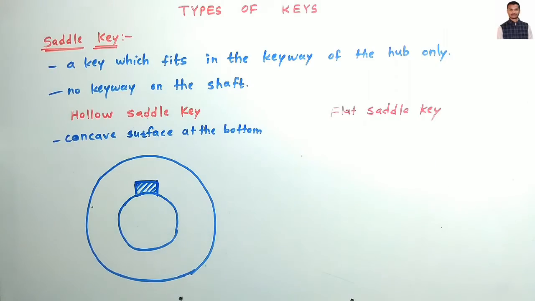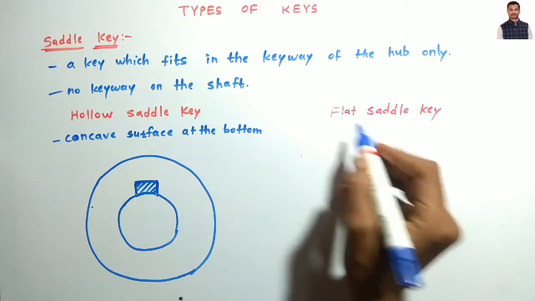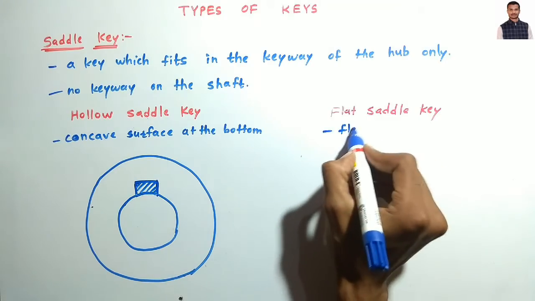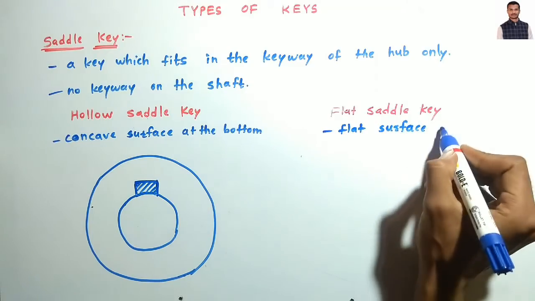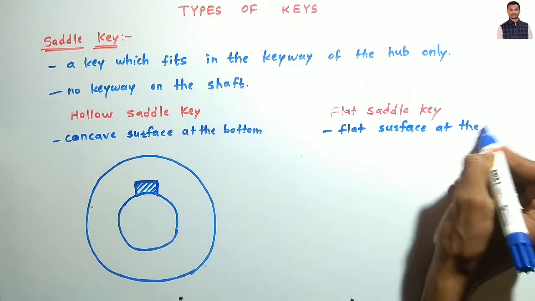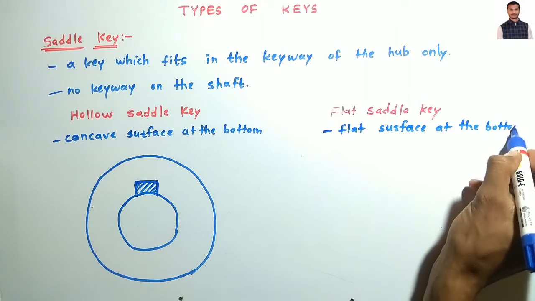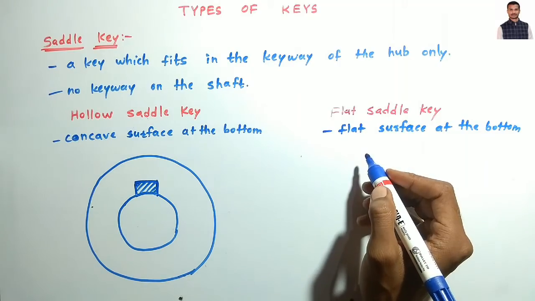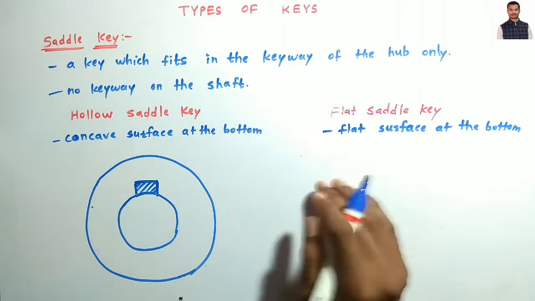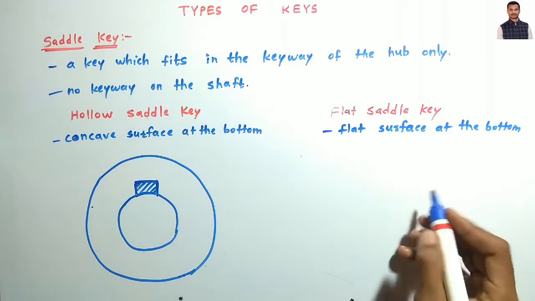Now what is a flat key? In a flat key, it has a flat surface at the bottom, and it fits on the flat surface machined on a shaft.